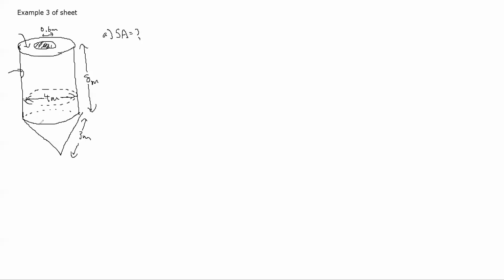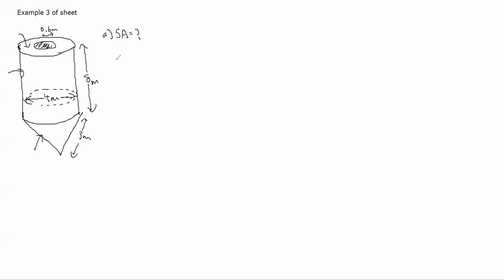Instead, the surface that is supposed to be the base of the cylinder is replaced by the surface of a cone, right? And in terms of the cone, I only need to think about the lateral surface of the cone. I don't have to, again, worry about the base of the cone, the circle portion of the cone, all right?